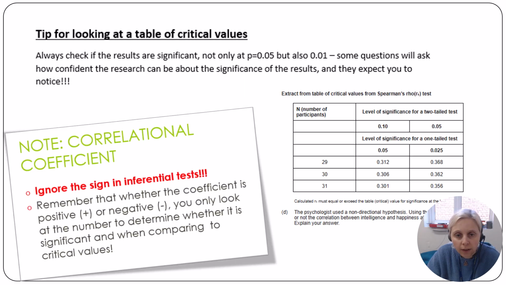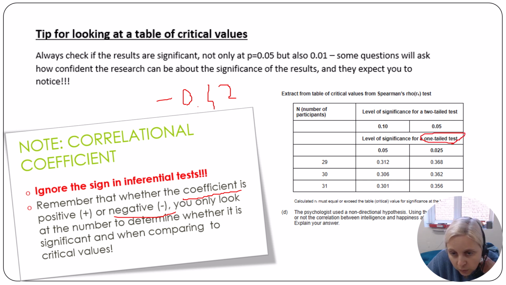So here's a tip for when looking at critical values. Let's say, for example, here we've got our level of significance. Let's say that our calculated value is 0.42, yeah? And also, because this is a correlational coefficient, remember that if it was negative, let's say that it's negative 0.42, and I'm using a directional hypothesis, so one-tailed.